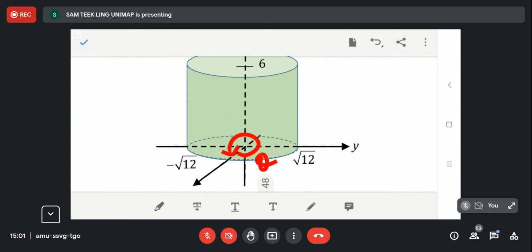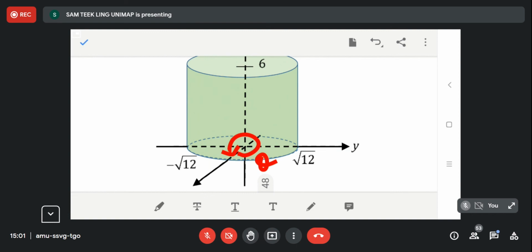Because multiplying that wouldn't affect your bracket. But here your bracket has r. So the r outside must be multiplied inside your bracket before you start integrating. Don't skip the step. So 2r plus r squared sin theta plus rz.